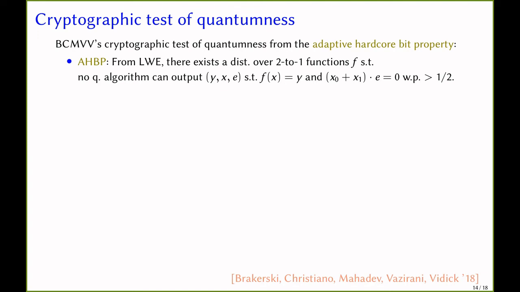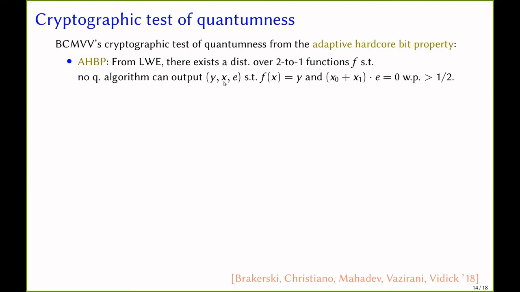It says that under quantum hardness of learning with errors, there exists a distribution over 2-to-1 functions f such that no quantum algorithm can output a tuple of three strings, y, x, and e, such that x is a preimage of y, and e is orthogonal to the XOR of the two preimages.